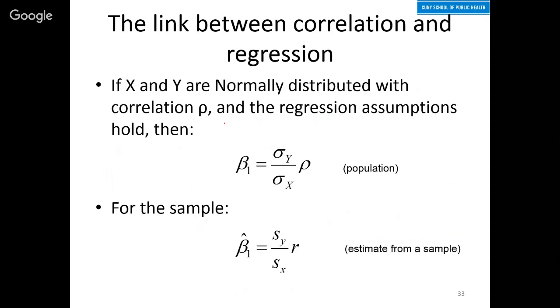The coefficients of linear regression are also linked to Pearson's correlation, and they're linked just by the ratio of the standard deviations of those two variables. So if you take your Pearson correlation and multiply by the ratio of the standard deviation of Y divided by the standard deviation of X, you get your regression coefficient.